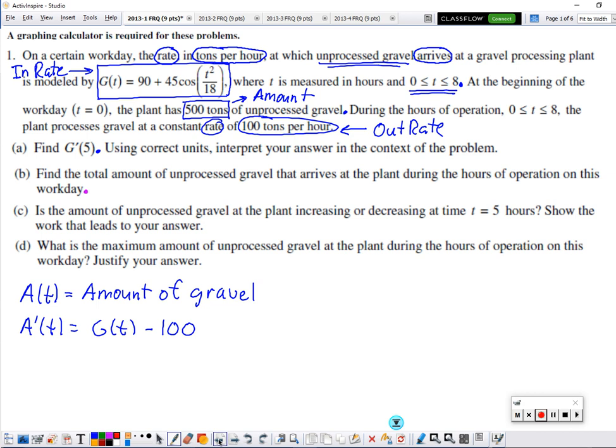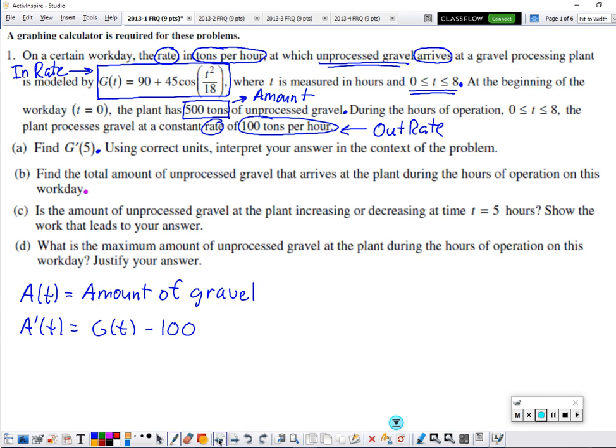So they forget about the rate at which it's leaving, they forget about the amount that's there. They could easily have some other question which would ask how much gravel is left over some time period, in which case they would be ignoring the amount that's there. They would also be ignoring the rate at which gravel comes in.